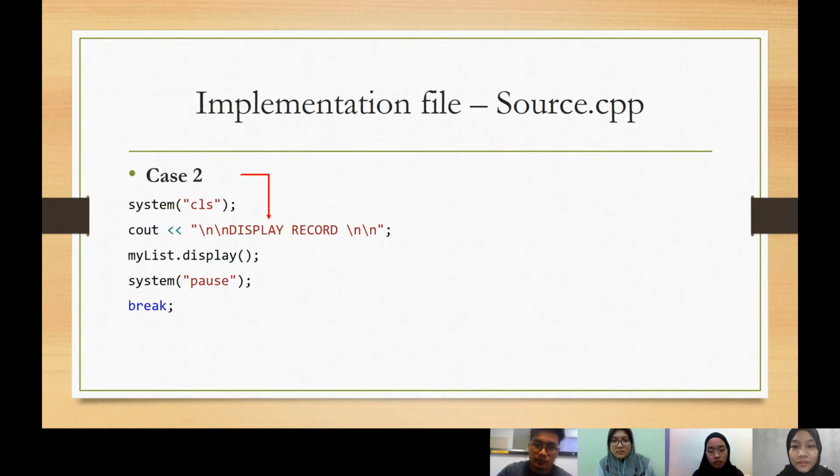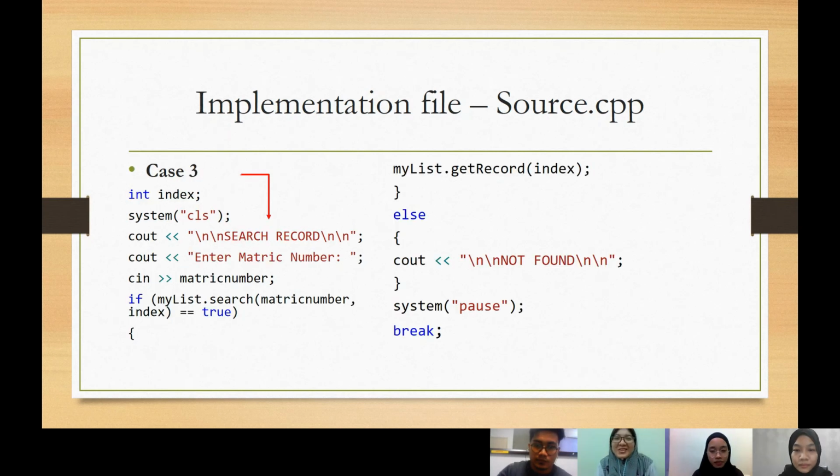That's all. Thank you. My name is Wano Fatihah Najwa binti Wazamri, and I will present case 3 and 4. In case 3, or main menu option, the system will output search record, and we key in the metric number.